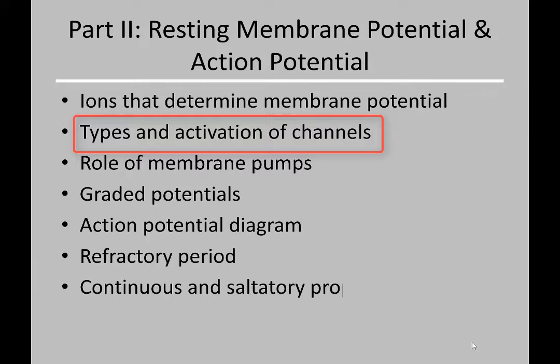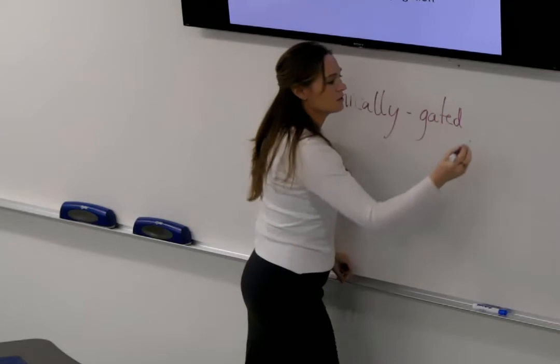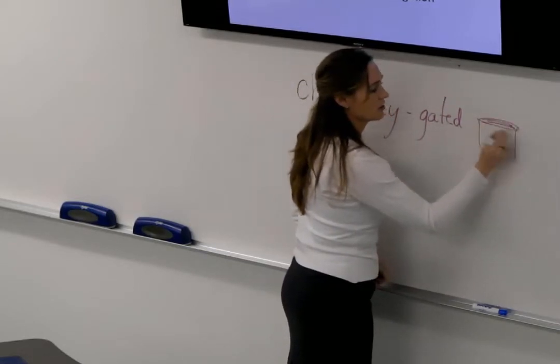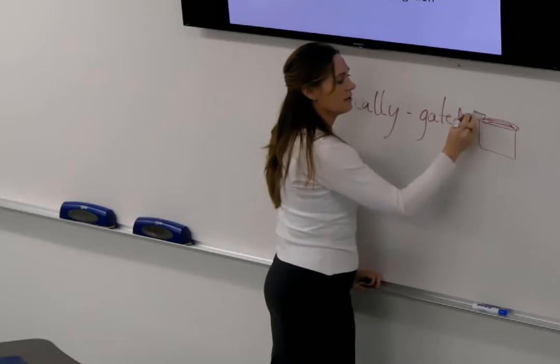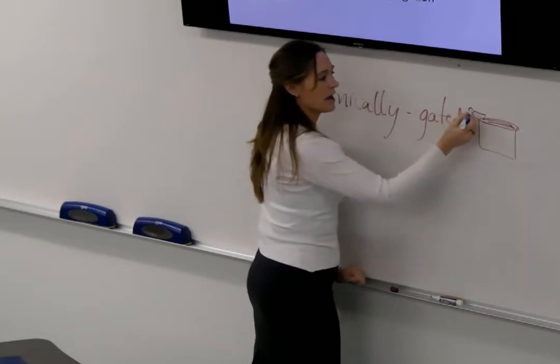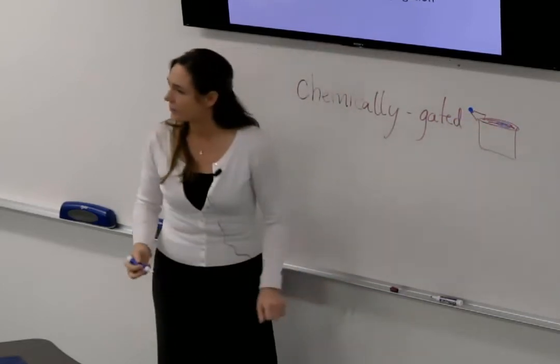Channels. We have two main types of channels. We have chemically gated channels. They would be on a membrane. The channel has a closed lid, but it has a little slot where a neurotransmitter would have to bind to it for that channel to open. That's going to be chemical.